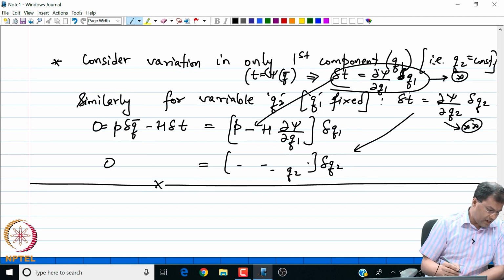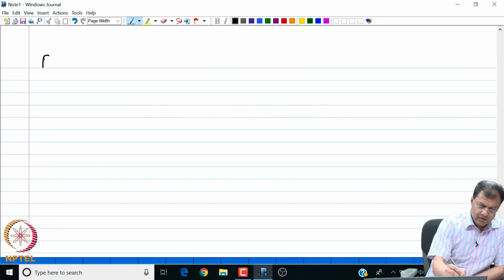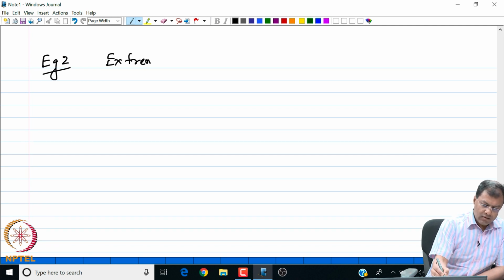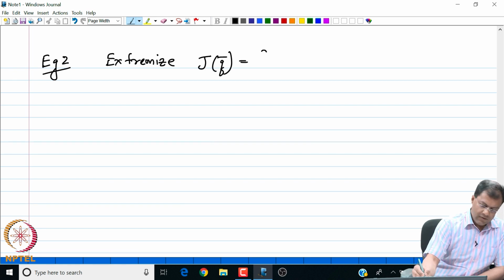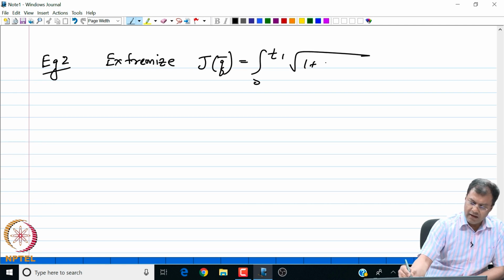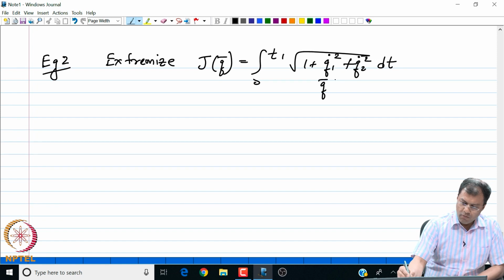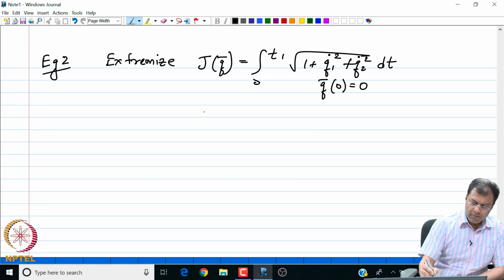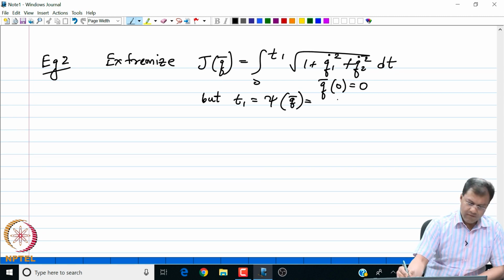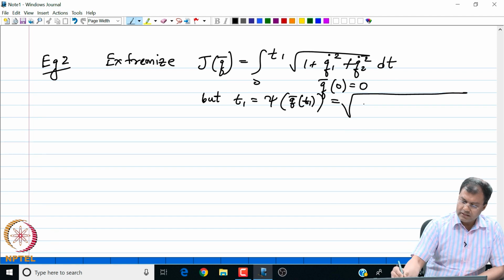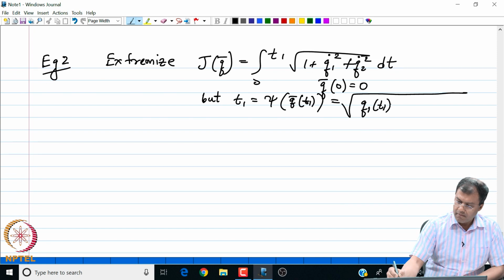I need to extremize J of q bar, which is the integral from 0 to t1 of the square root of 1 plus q1 dot square plus q2 dot square dt, where q bar of 0 is 0 and t1 is variable, but t1 lies on the surface psi of q bar, given by the following curve: the square root of q1 at t1 minus 1 square plus q2 at t1 minus 1 square.